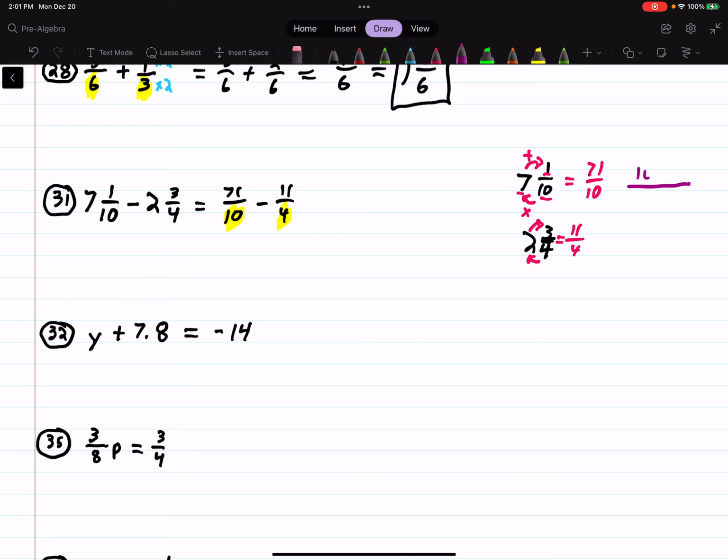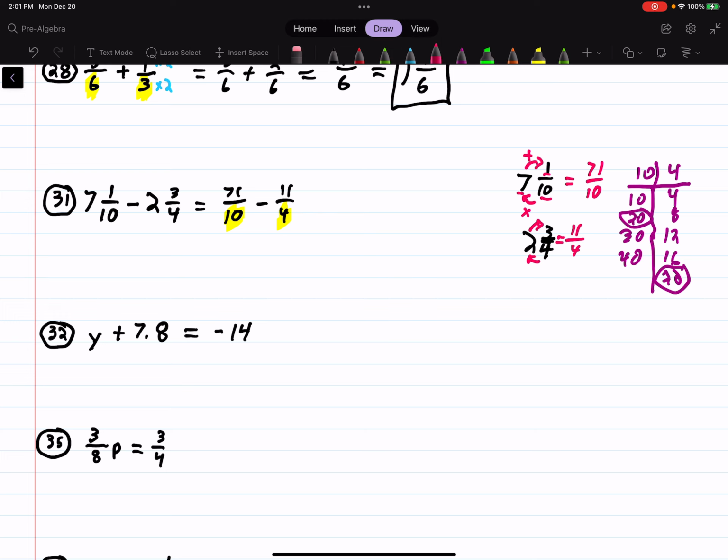So we do 10, 20, 30, 40, and we do 4, 8, 12, 16, 20, and we see that 20 is the first number that appears on both sides.